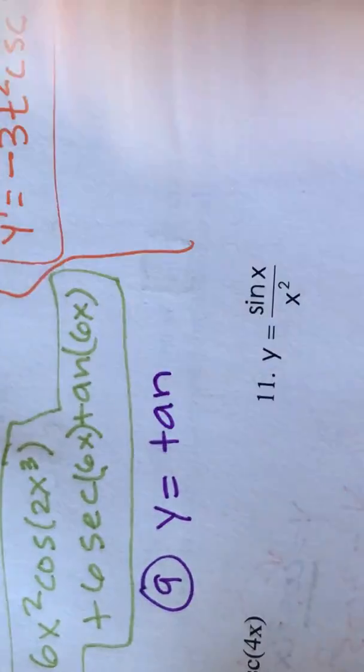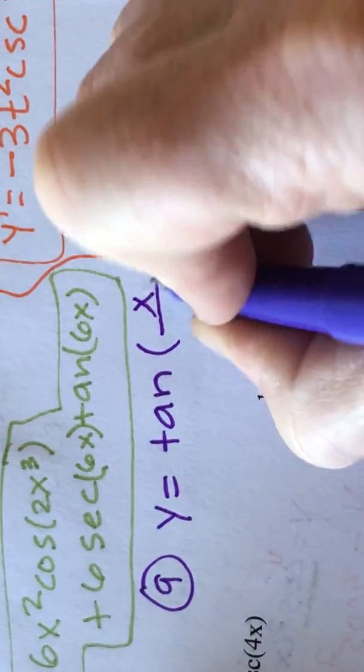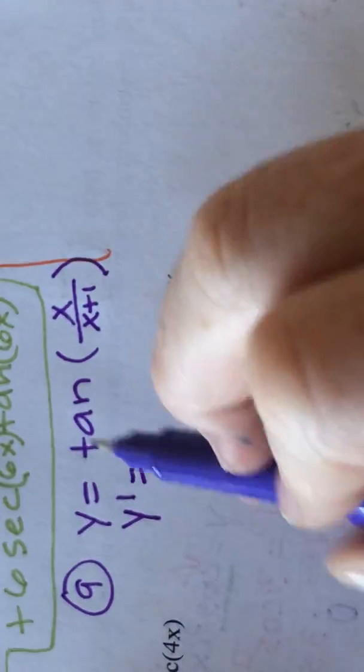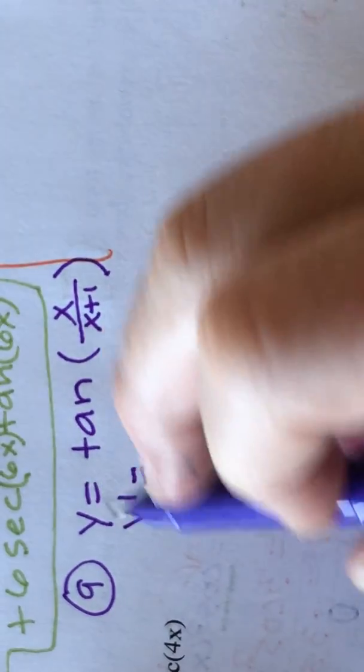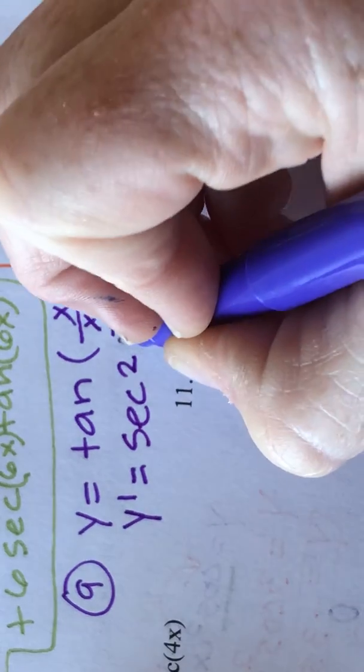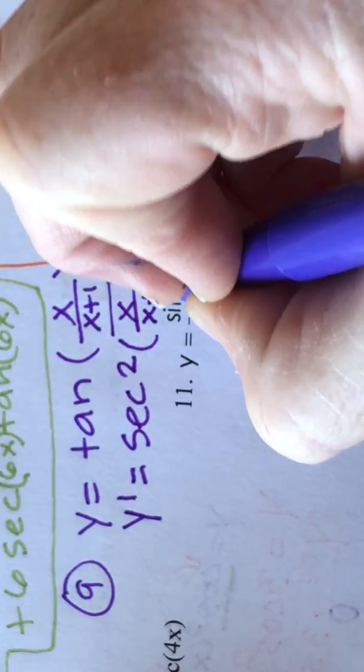So when we do 9, y equals tan x over x plus 1. When we take y prime, we're just going to treat that tangent rule, which is secant squared x, and then keep this the same. So we'll have secant squared times x over x plus 1.